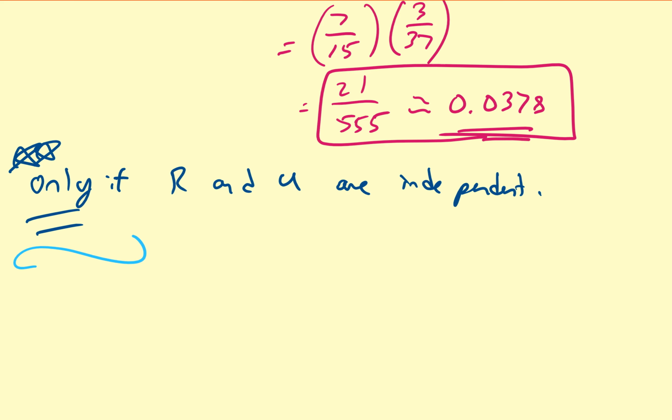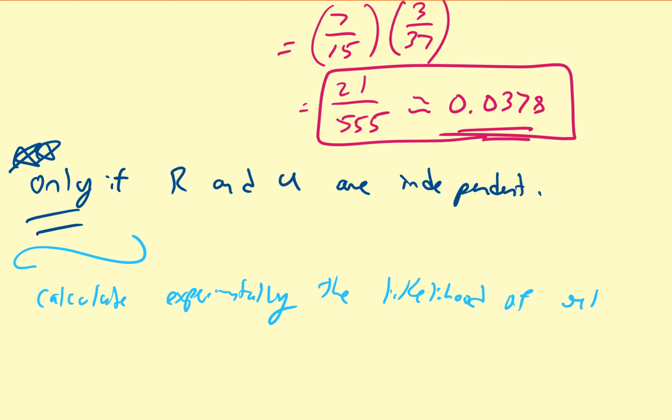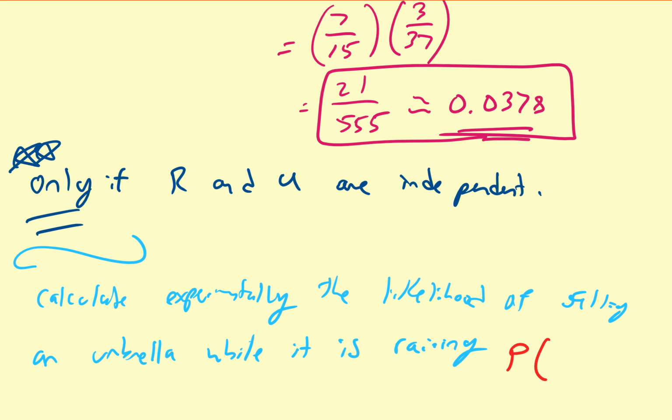What you can do is calculate experimentally the likelihood of selling an umbrella while it is raining. You can call it the probability of star. That's the experiment, right?